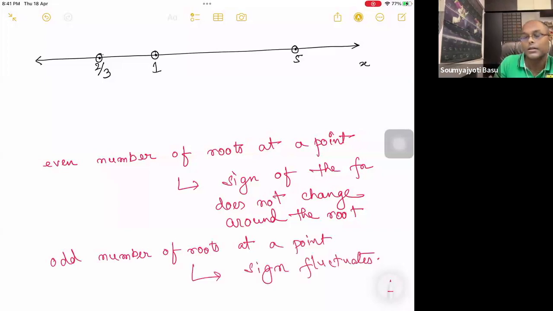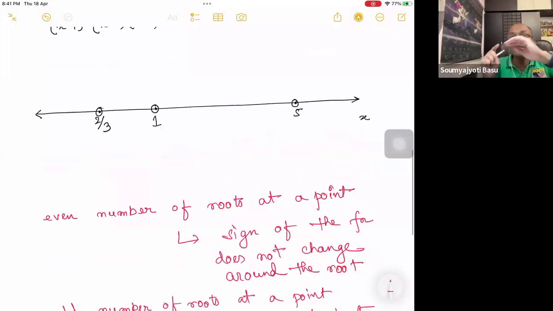Now here you can understand that around the roots, there is a fluctuation in sign for each of the roots.